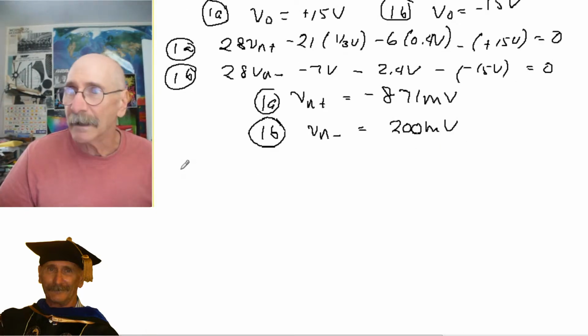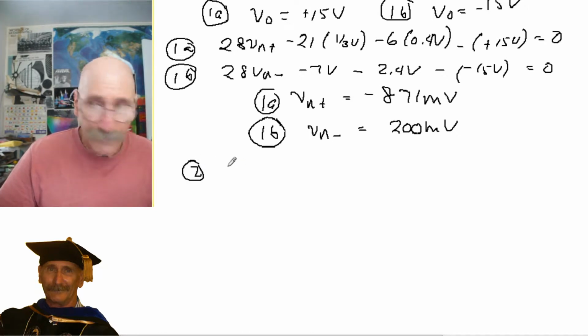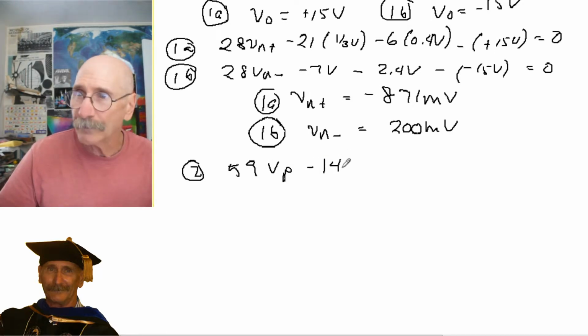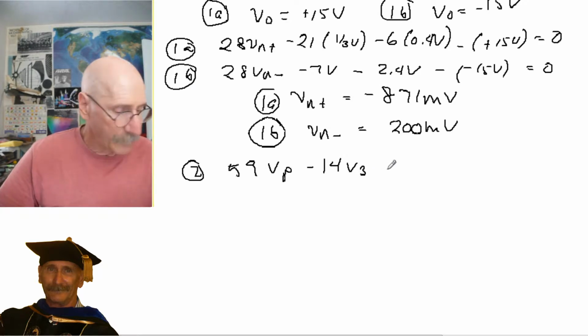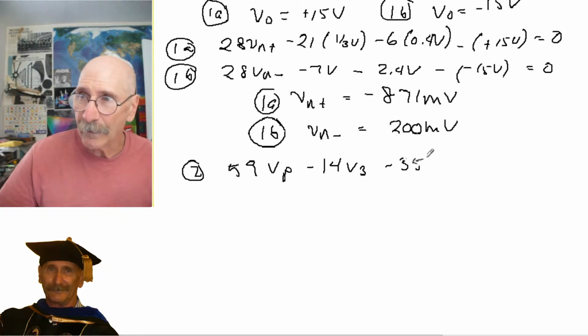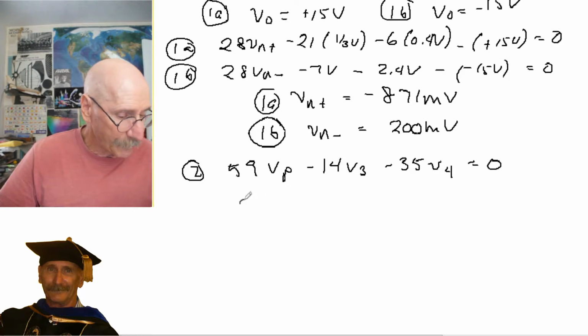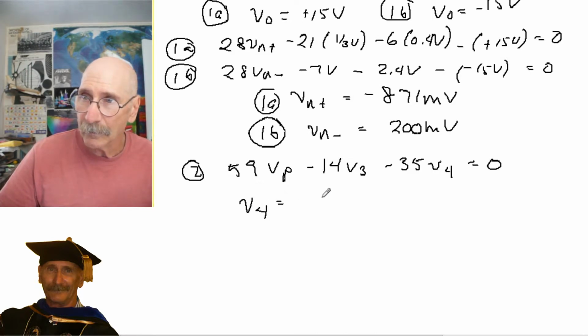Next we have equation 2, which is 59 V sub p minus 14 V3 minus 35 V4 equals 0, from the previous problem. V4 we know from the start is equal to 0.2 volts.